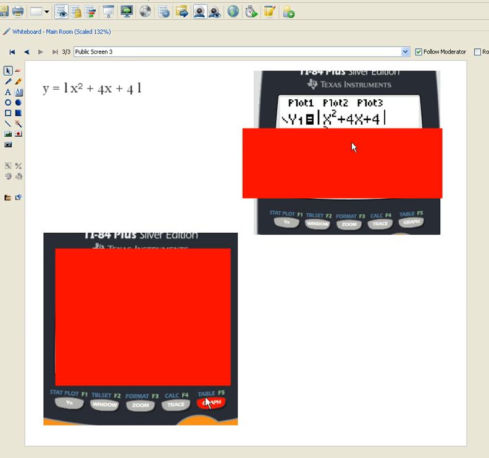Okay, so on my screen I have placed this. Now I know a little bit about that function before I even begin to use my calculator to think with it, and that is that that function is always positive. And if I factor it in my head, it's x plus 2 in brackets squared.